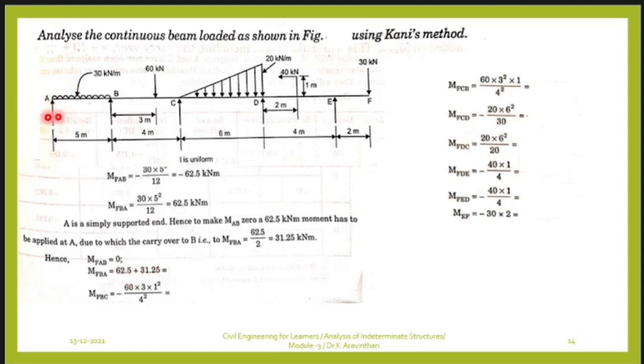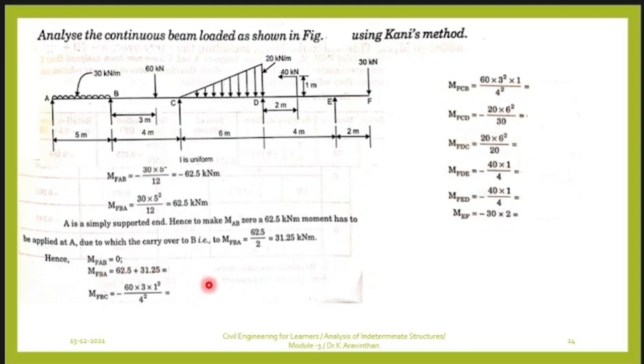This came from the member AB, half of that you have taken, and you will be having this answer. You are making MFAB as 0. Why? Because this is a hinged end, you need not make a long procedure. For a hinged end, you very well know that it will be a 0 moment. So hence you are making 0 now itself.